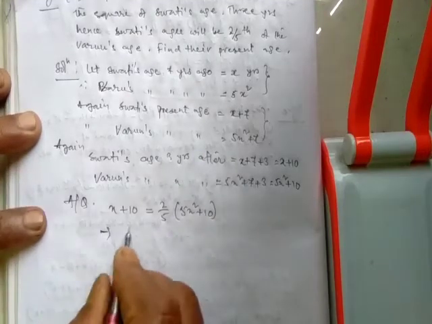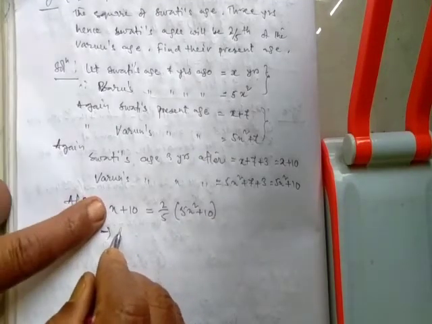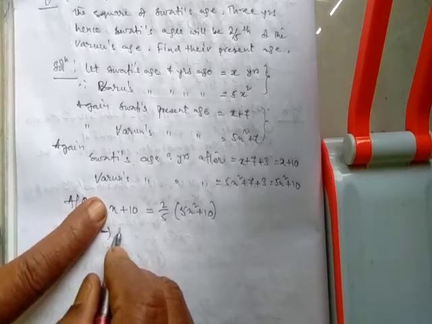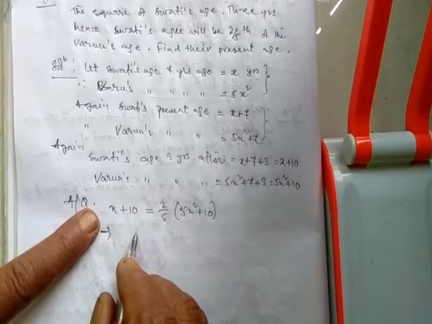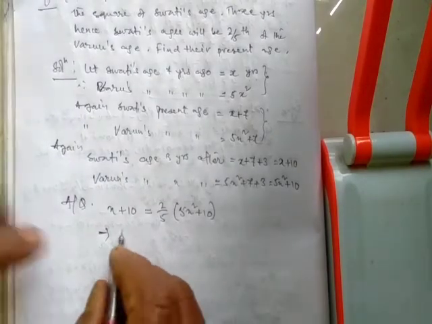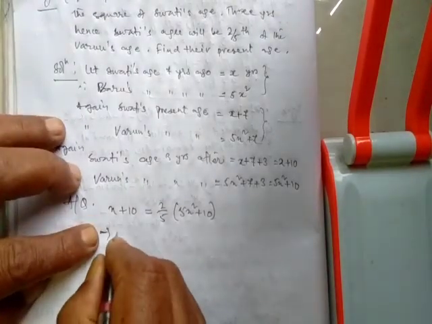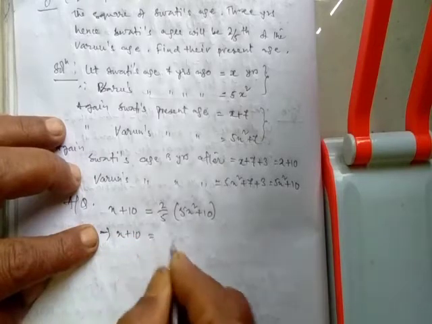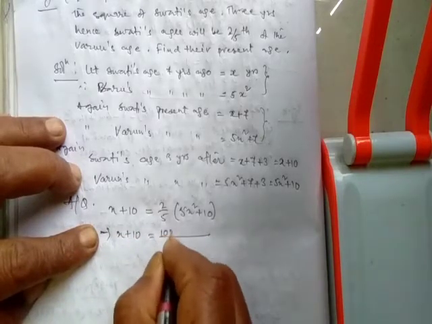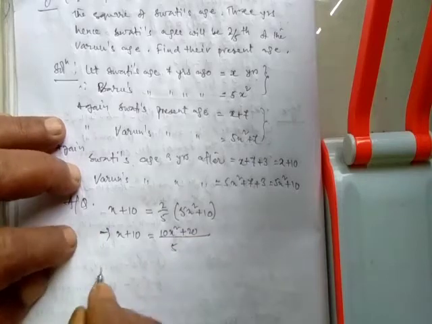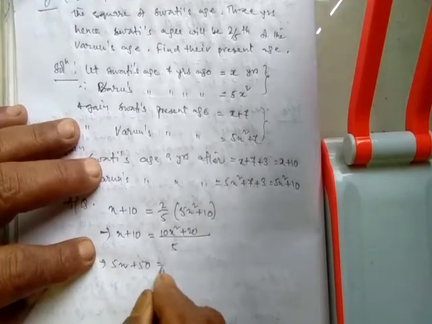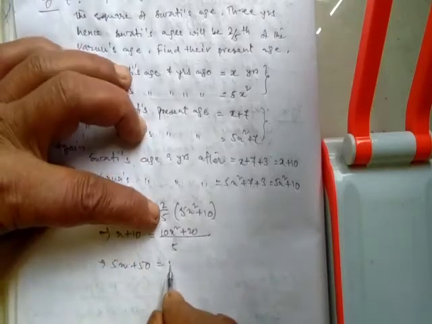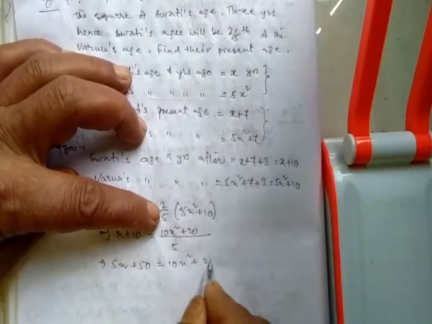This implies, simplifying, x plus 10 is equal to 10x square plus 20 over 5. This implies 5x plus 50 is equal to 10x square plus 20.